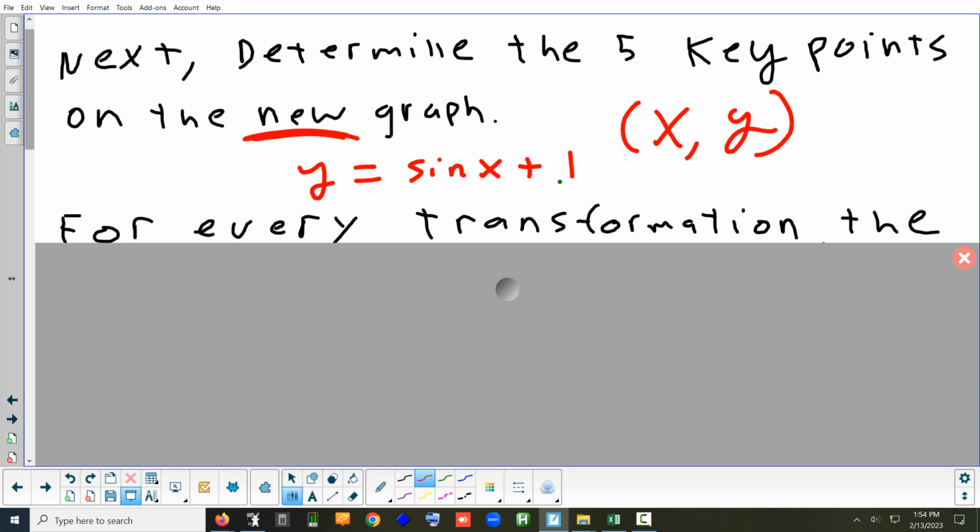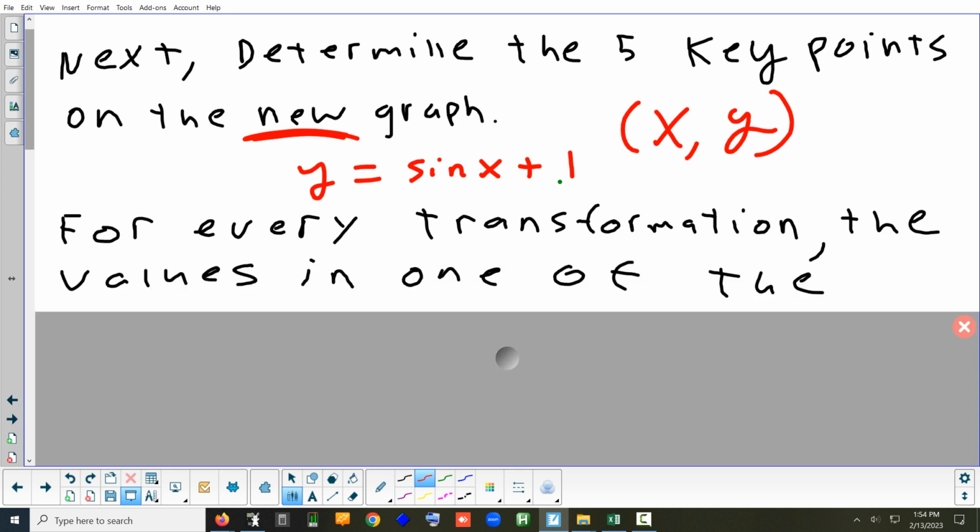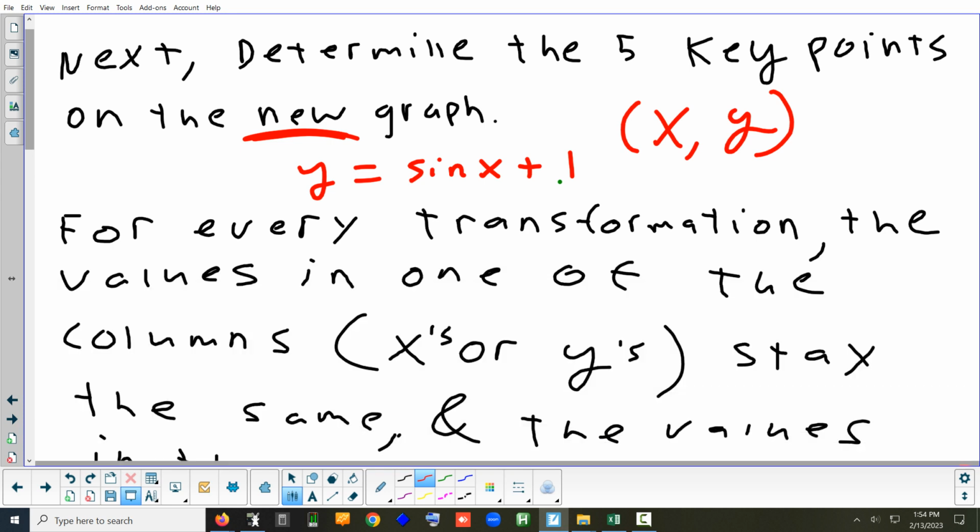The only way both of them could change at the same time is if I did multiple transformations in the same problem, like shift up and left or right. We're not doing multiple transformations in the same problem. We're going to stick with one per problem. So for every transformation, either the x's stay the same and something happens to the y's, or the y's stay the same and something happens to the x's.